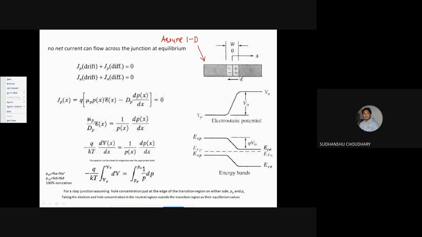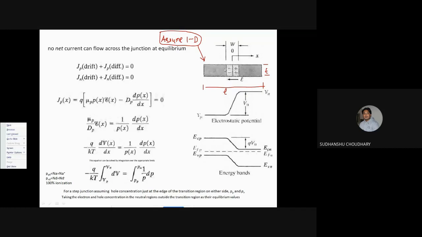The length of this junction, and the thickness, are very small compared to the area. That is how I say that this is a one-dimensional device, where the area of the device is very much larger than the length and also the thickness.